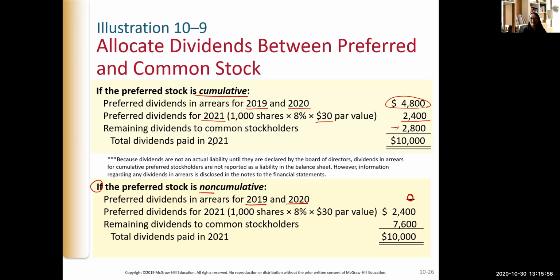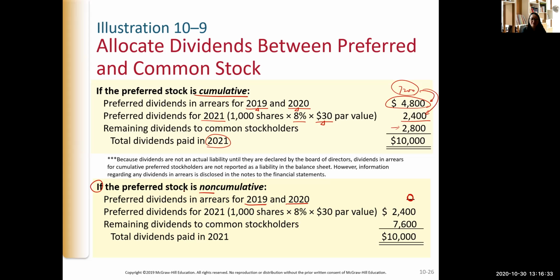Okay, so the scenario is that in 2021, the company decided to pay $10,000 of dividends. If the preferred stock is cumulative in nature, they need to catch up whatever was not paid in 2019 and 2020 and pay the part of 2021, which is 8% of the par value. So that means about $7,200 is going to go to the preferred stockholders, and whatever is left over, which is only $2,800, goes to the common stockholders.